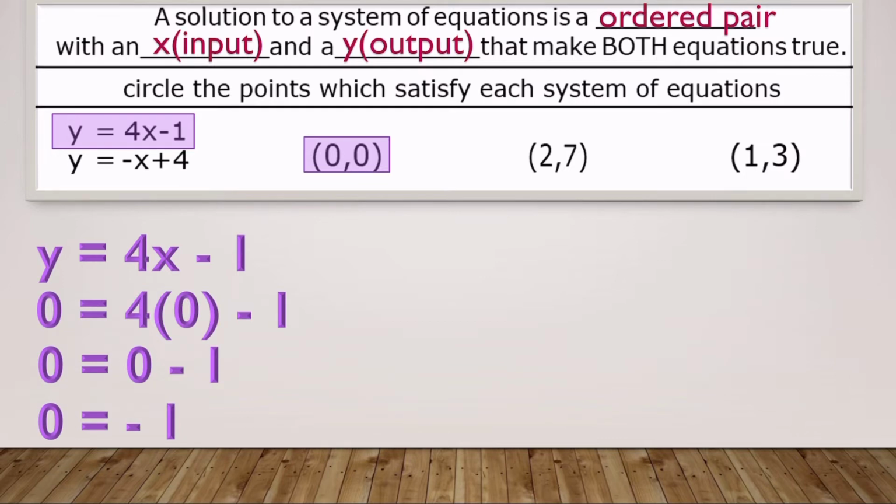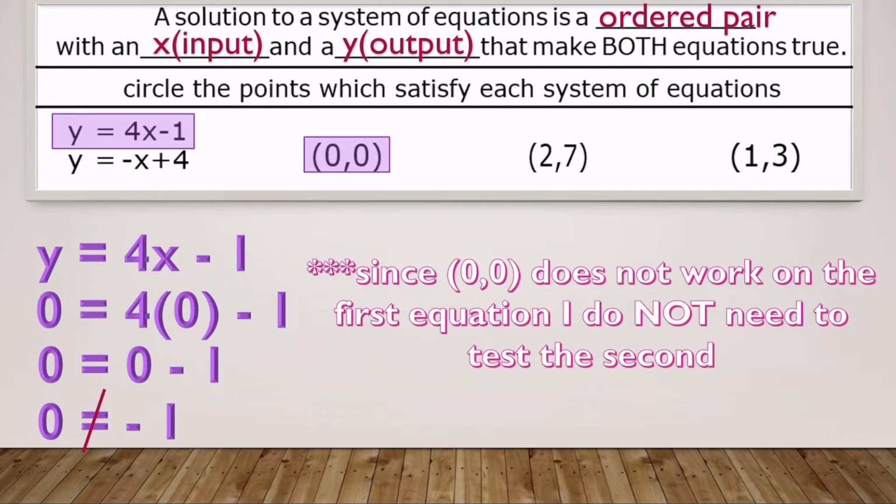Does 0 equal -1? No, it does not. Since 0 does not work on the first equation, I don't need to even bother testing it in the second, because remember, my solution must work for both equations. So since it didn't work for the first, I'm done on that one.